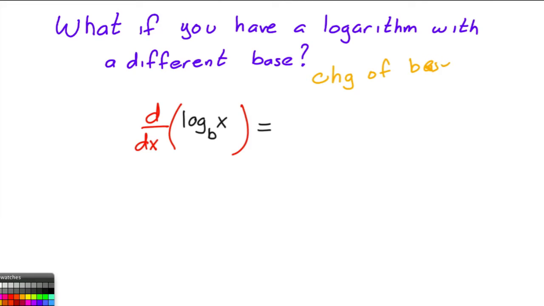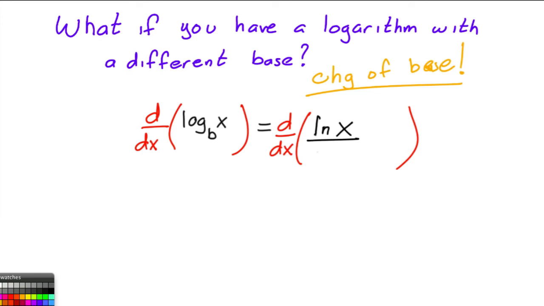Since we already know how to find the derivative of natural log, we can change the base from b to base e. So this is equal to natural log of x over natural log of b.